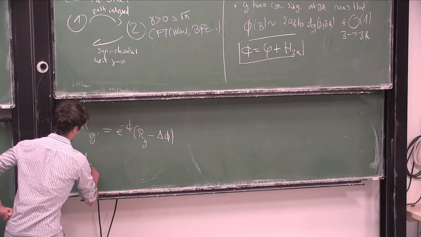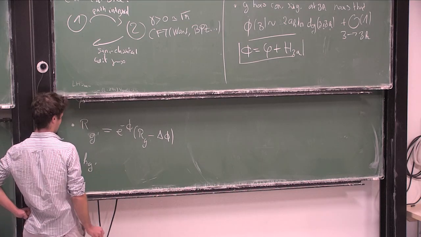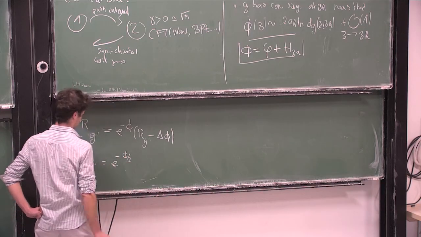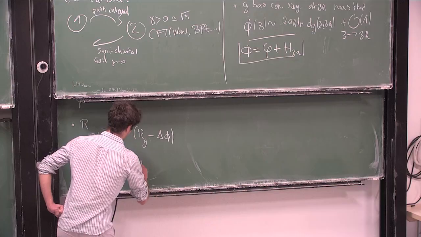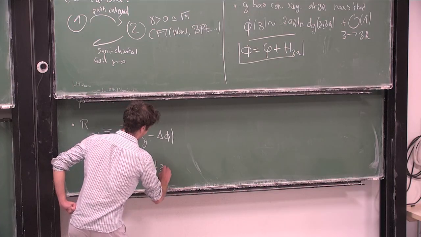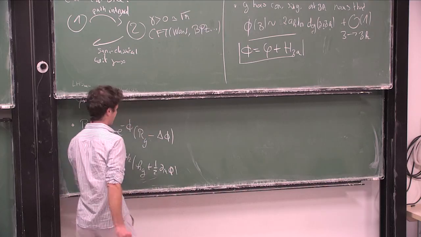And we have a similar rule for the geodesic curvature, which transforms as exponential minus phi over 2 times the initial geodesic curvature plus 1/2 of the normal derivative of phi.